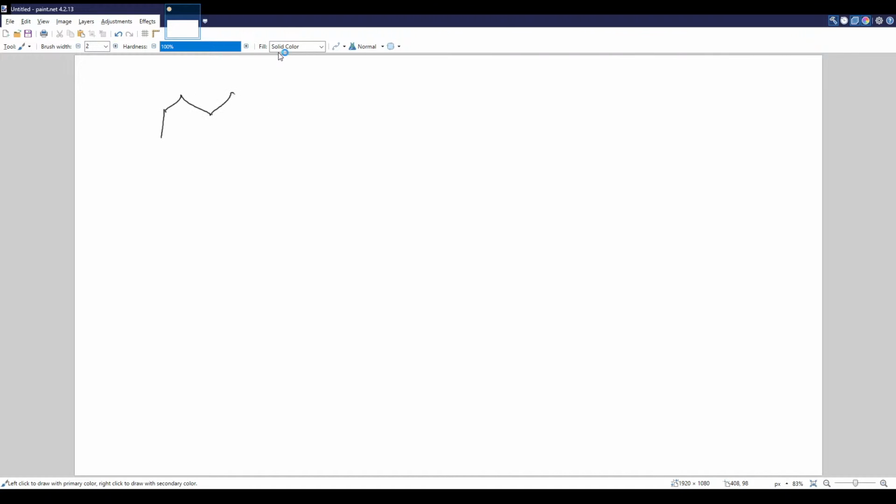Same molecule. Oh, I can't draw. Same molecule, but this time the hydroxyl's on over here. Okay, so this is pretty clear, right?